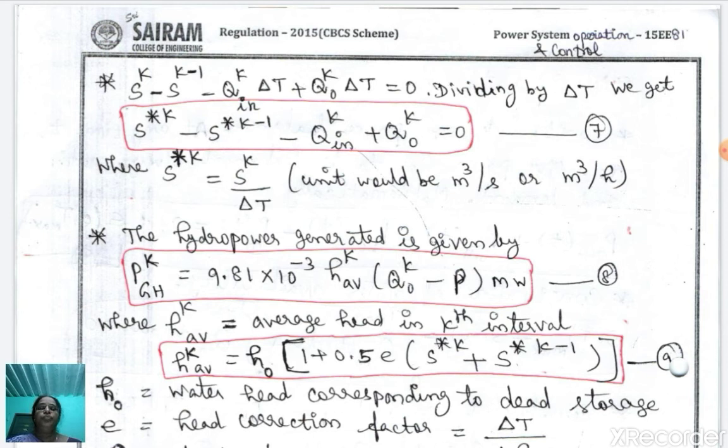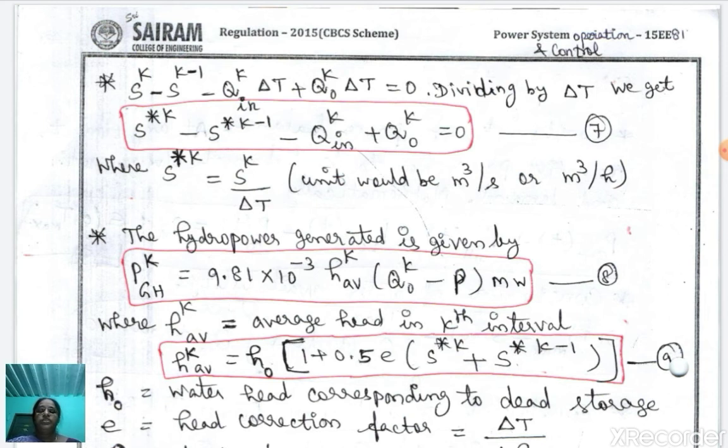The unit would be meter cube per second or meter cube per hour. The next one is the hydropower generator, given by Pgh power k is equal to 9.81 into 10 to the power minus 3 H average power k, then Q naught power k, in megawatt, where H average power k is the average head in the kth interval. H denotes head, AV for average, k for the interval.